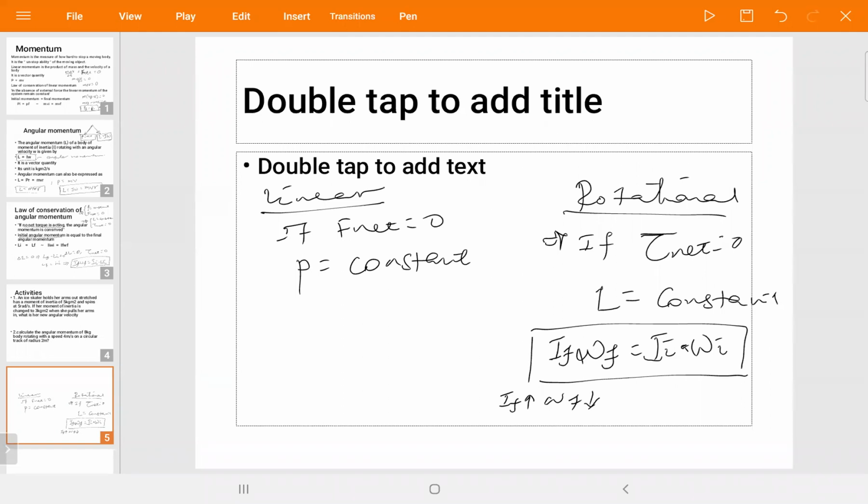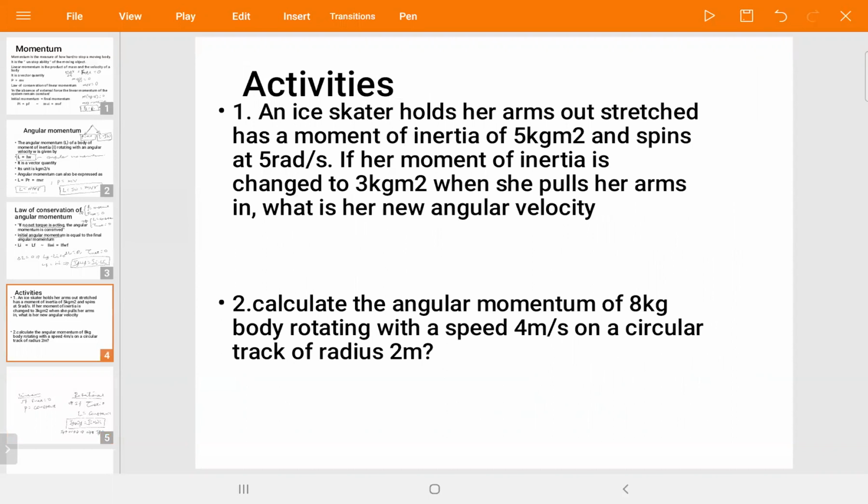In a similar way, if the final angular speed increases, then the final moment of inertia will get less, because to keep the product constant, if one increases, the other needs to get less.